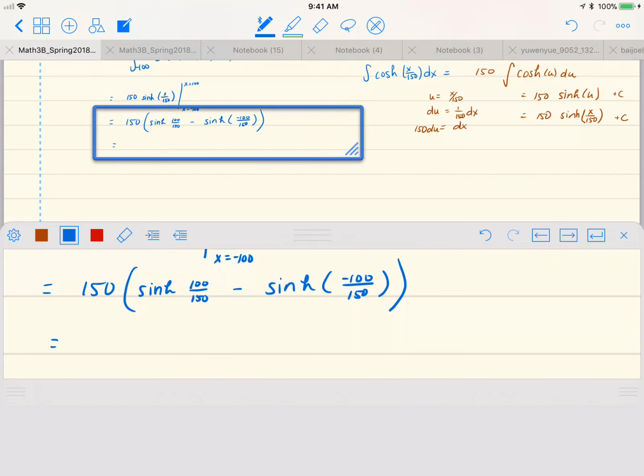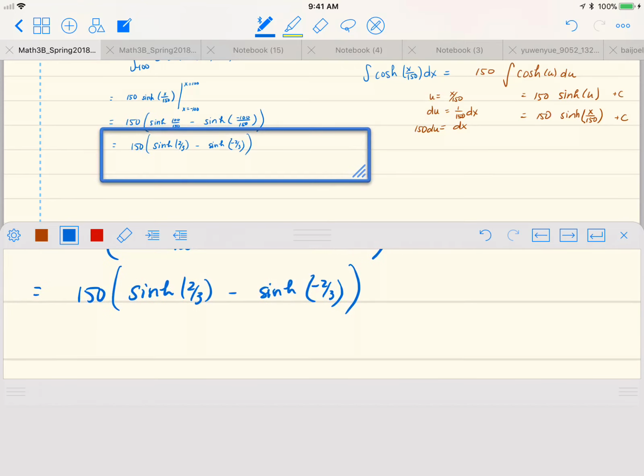That's 10 over 15, which is 2 over 3, so sinh of 2/3 minus sinh of negative 2/3, and all of that times 150.